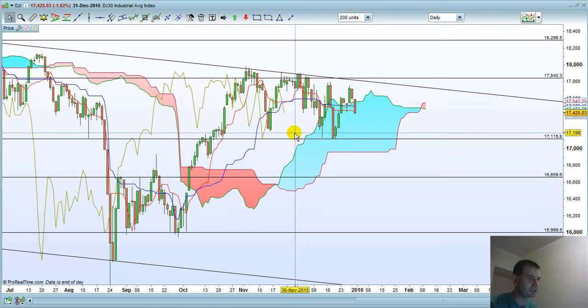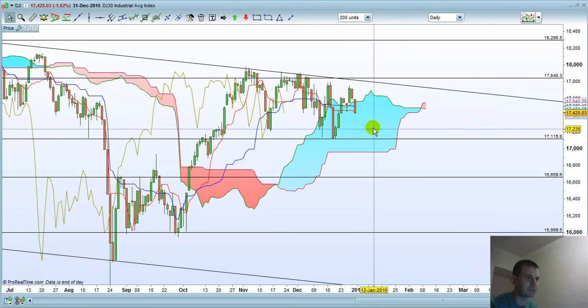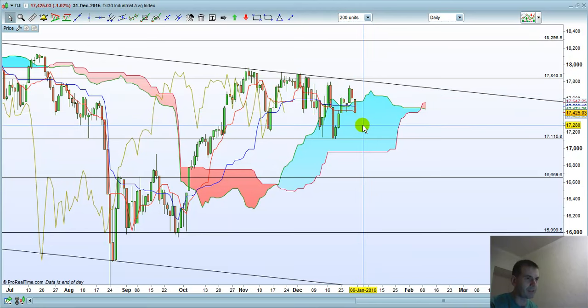What can we see in this chart? The price now is moving sideways between these two levels, as you can see, 17,115.8 and 17,140.3. So between these support and resistance levels, and just now the price plunged into the cloud.